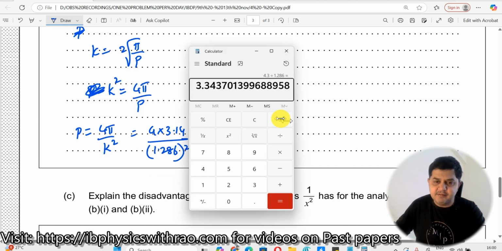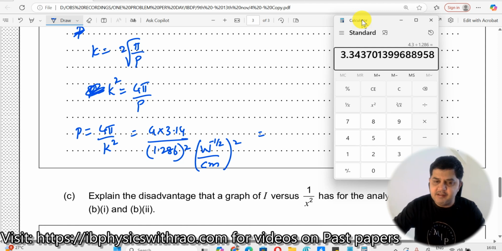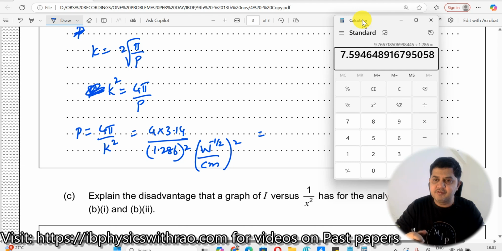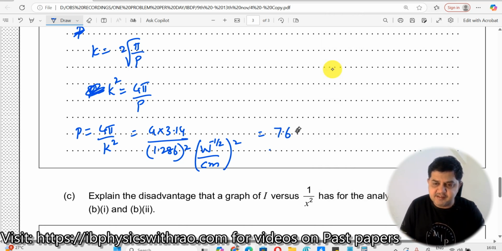This would be 4 into 3.14 divided by 1.286. Once again, because we have square, this is equal to 7.594, or maybe 7.6, multiplied by W power minus 4 here.